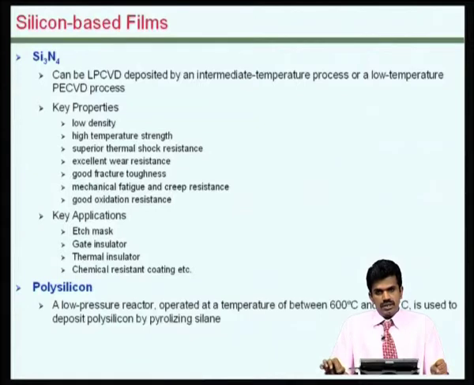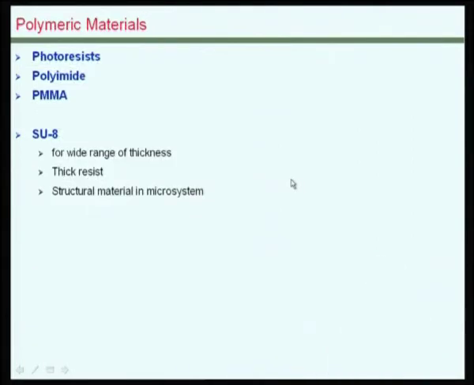Still, it has very good characteristics that are similar to those of single crystal silicon, especially from the mechanical properties point of view, and hence polycrystalline silicon is also widely used for microsystems.